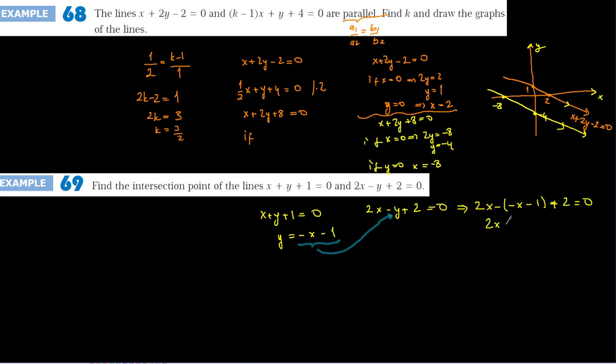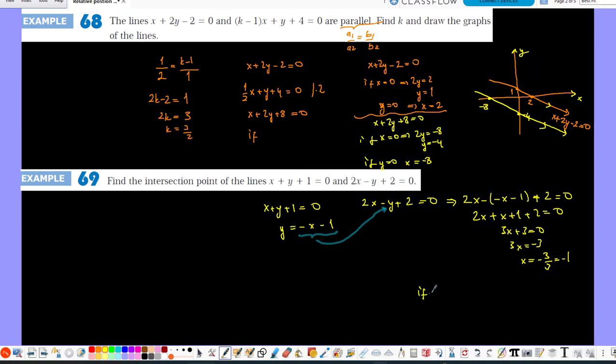Then 2x minus minus is going to be plus x. Minus and minus again is plus 1, plus 2 is equal to 0. 3x plus 3 is equal to 0. 3x is equal to minus 3, so x is equal to minus 3 over 3, which is equal to minus 1.